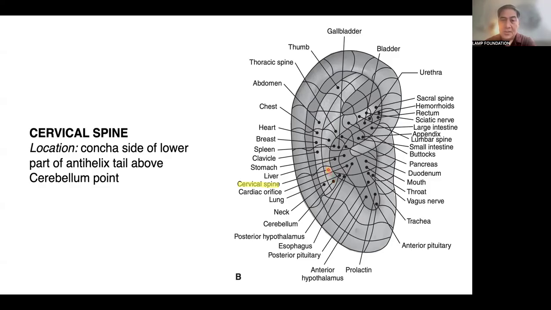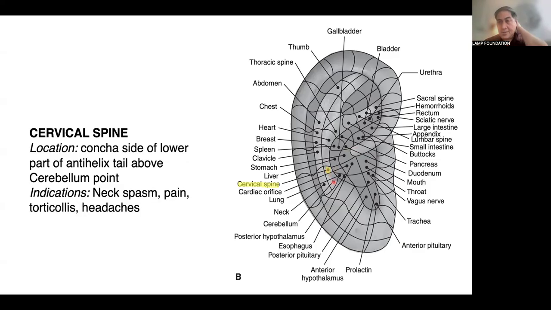So if this is the cervical spine, then this is the cerebellum. The cervical spine is for those with neck stiffness or neck spasm, pain, torticollis, and it is also good for headaches, especially when you do not have a good posture while you're in front of the computer.